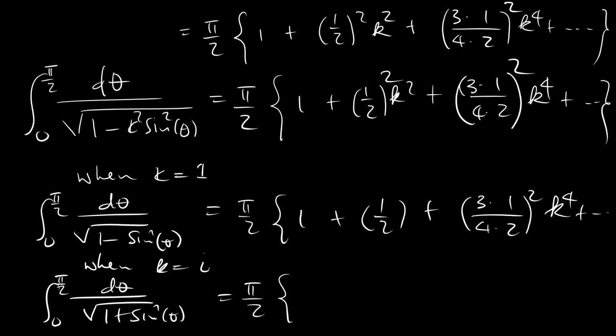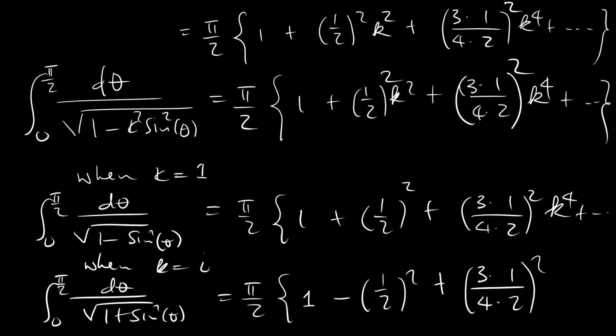and in that scenario we have 1 minus a half squared plus 3 times 1 over 4 times 2 squared k to the 4, and to the 6 it will be a minus, and so on and so on.